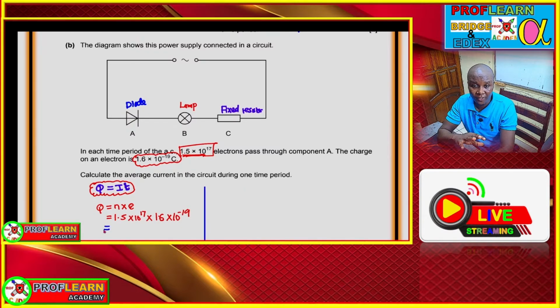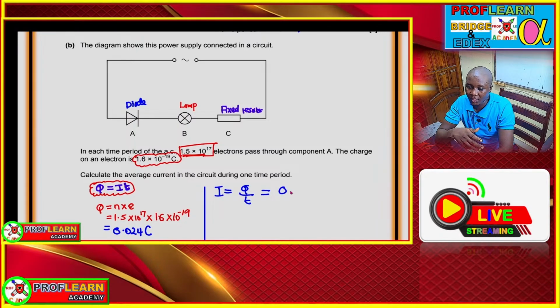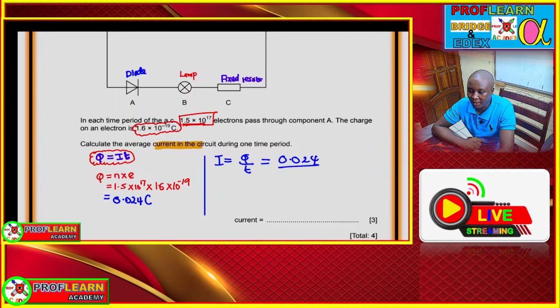So once we have done that, we are going to get the total charge as 0.024 coulombs. Then we can now use the formula current is equal to charge over time in order to get the average current in this particular question.